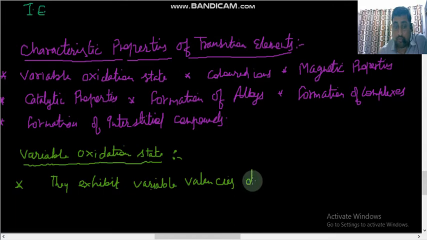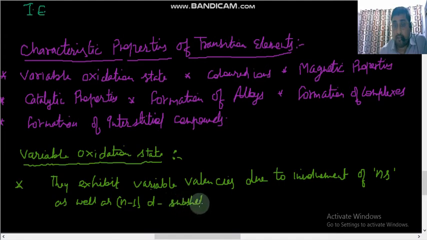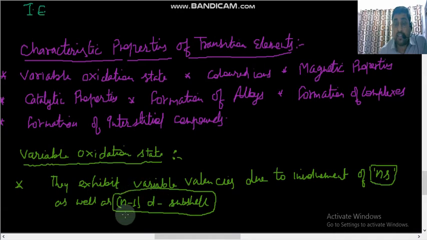due to the involvement of an s as well as (n minus 1) d subshells. Now the ns subshell will be from the ultimate shell, that is the outermost shell, and the (n minus 1) d subshell will be from the penultimate, that is the second last shell or orbit.